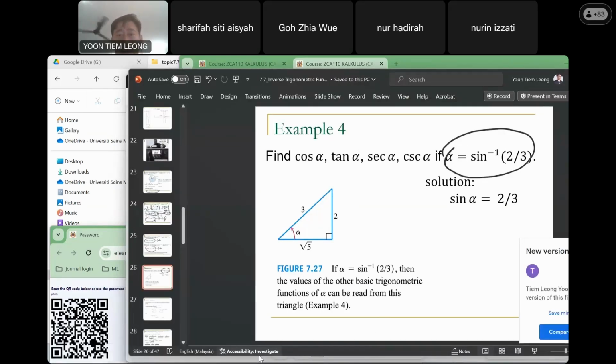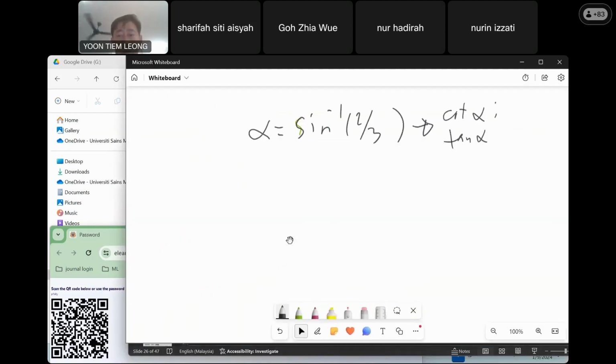So we are asked to find cos, tangent, etc. Basically, all the other trigonometric functions of alpha are what we are looking for. So you are probably going to find cos alpha, cotangent alpha, and secant alpha. You don't really need to find sine alpha because sine alpha is just 2 over 3.